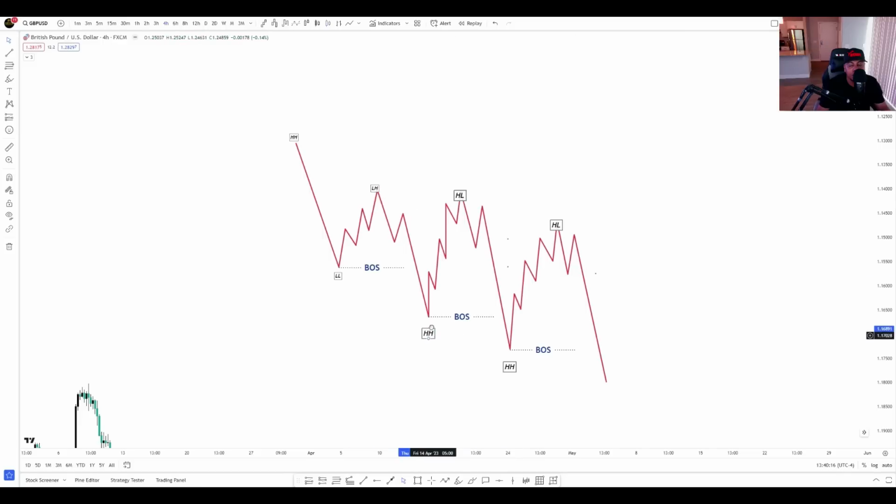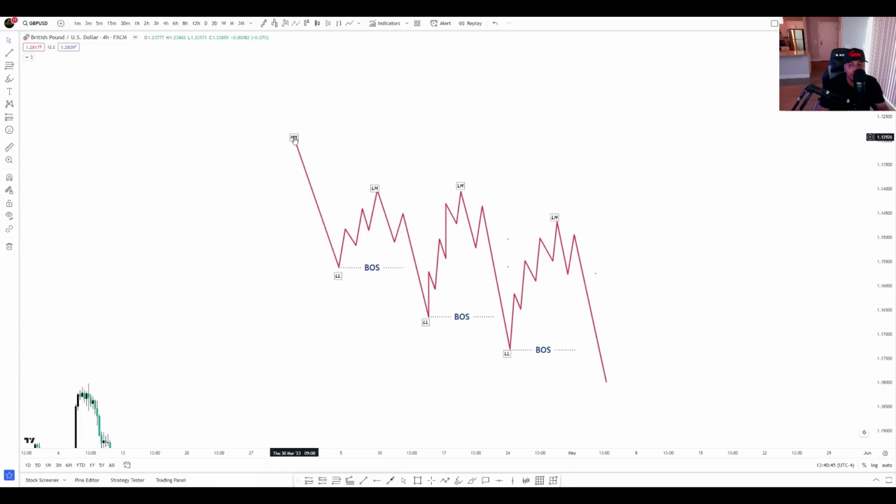And then this is going to be your lower low, and then this is going to be your lower high here, and then this will be your lower low. Anytime we create a lower low or a break in previous structure, we call it a lower low. Again, this is called your lower high. So now that we have this, what we do is we have a higher high here.